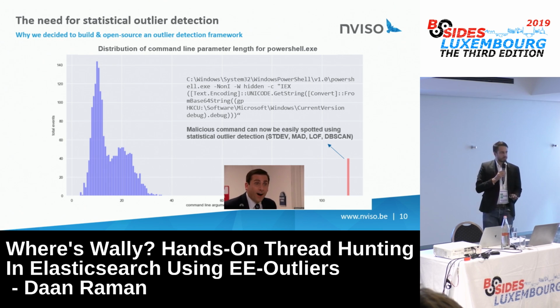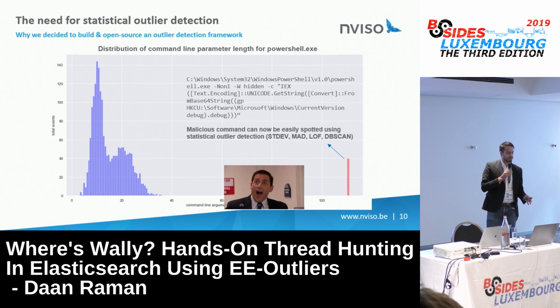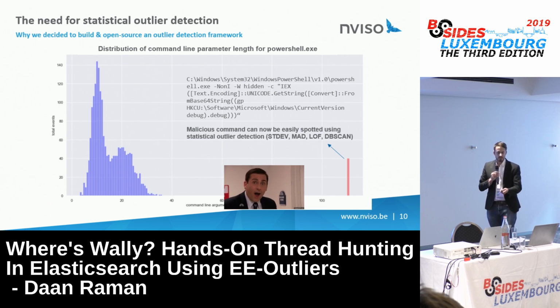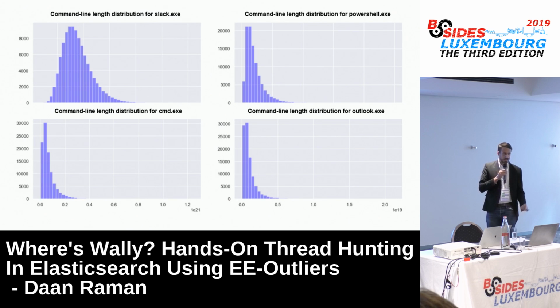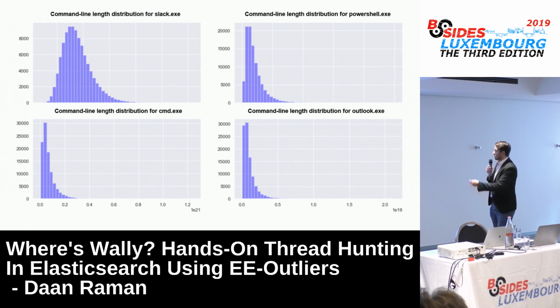This is the core concept why we built Outliers, so the framework that we built. It's to automate this process. So imagine you have this concept, you do it for PowerShell and it works. Well, it's pretty nice. I could just as well do it for Slack, for PowerShell, for cmd.exe, for outlook.exe.